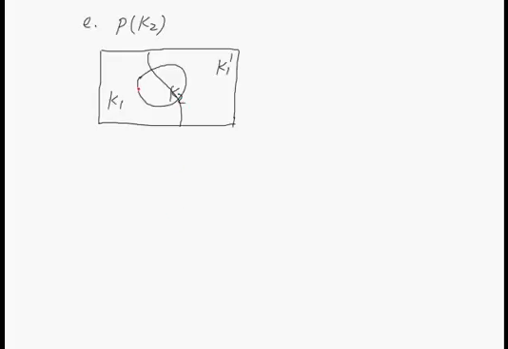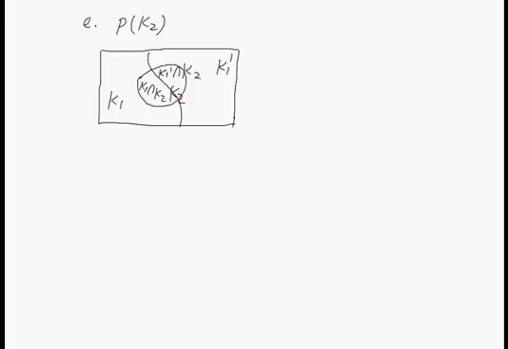This part is K1 intersection K2, and this part is K1 prime intersection K2. So now we may use an equation to express this result.